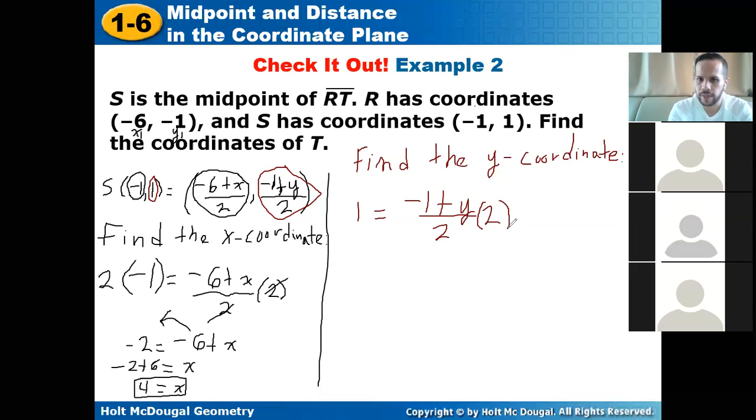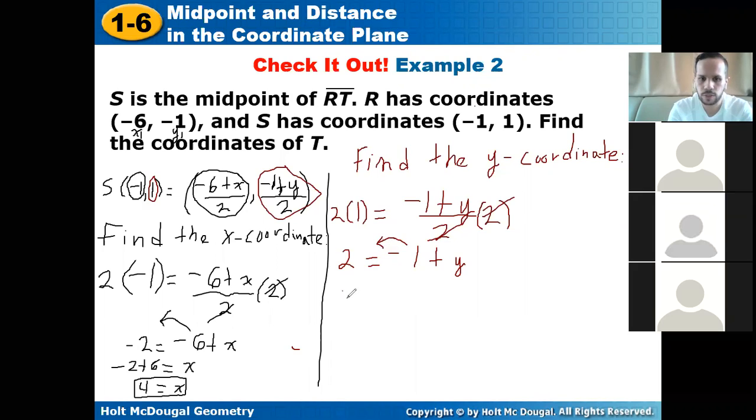So when we multiply 2 in both sides, what do you see? This part is gonna give you 2, okay? And in this part, you're gonna have -1 plus y. ¿Estamos? Okay, so when you move this number to the other side, it is the same as adding 1.